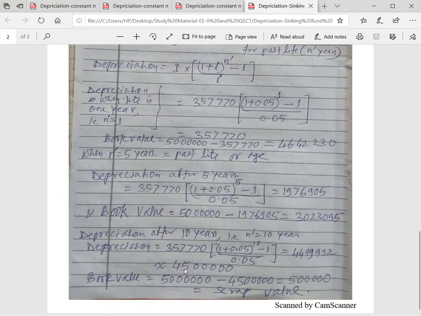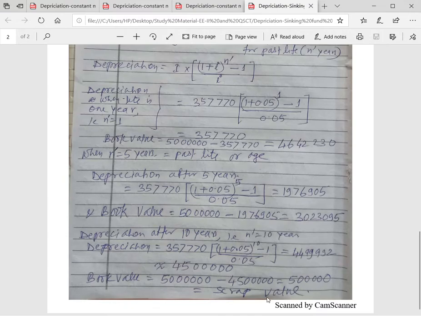Approximately it is actually equal to 45 lakh, because this difference we are getting is because of the rounding of the values. So here 45 lakh is the total depreciation when the life is completed, and the book value, that is 50 lakh minus depreciation for 10 years, you are getting 5 lakh, and that is nothing but the scrap value.